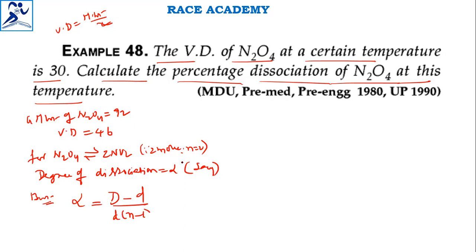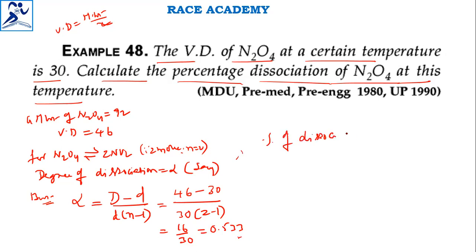Here capital D is the exact vapor density, that is 46, minus the vapor density given in the question, that is 30, divided by 30 into the number of moles 2 minus 1. We do the simplification, we get 16 by 30, that is 0.533. Therefore, what is the percentage of dissociation?